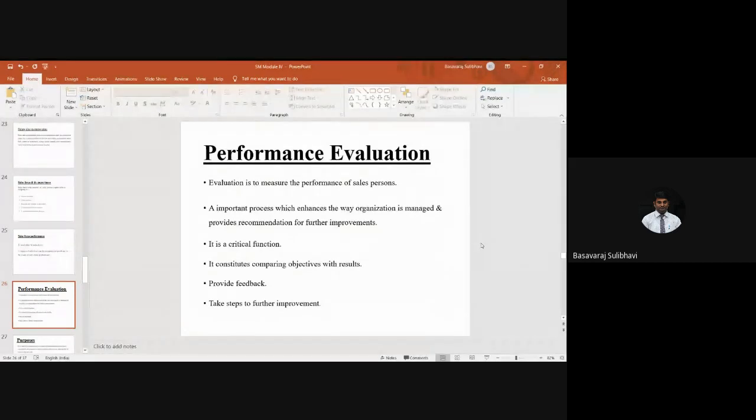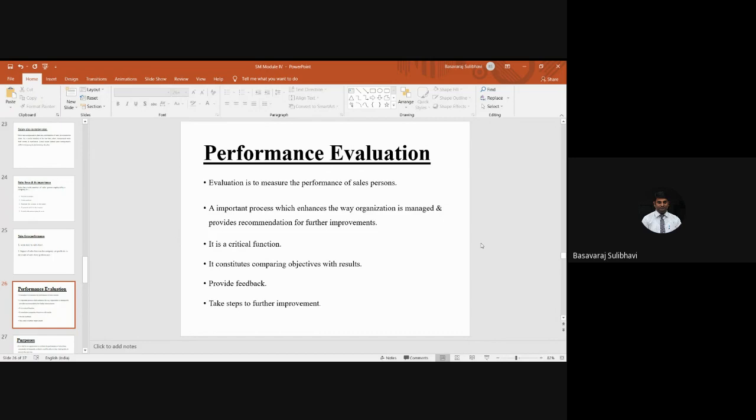An important process, as we see, is that it increases the ability of the organization in managing the Salesforce. It also helps a management or responsible person who evaluates the performance of the salespeople, and he can recommend certain improvements for those people to do better next time. So it is a very critical function, even a dangerous function.